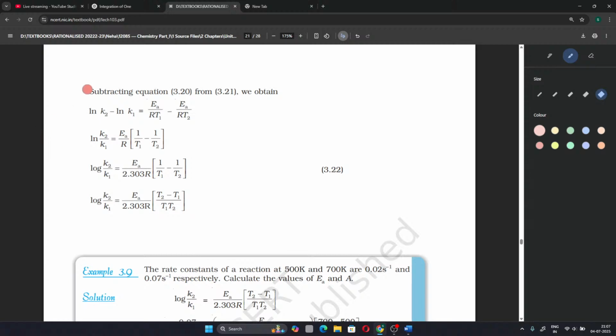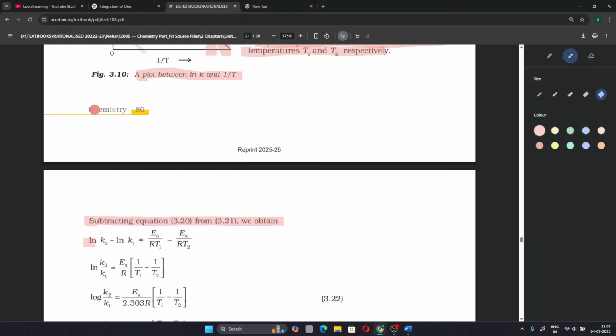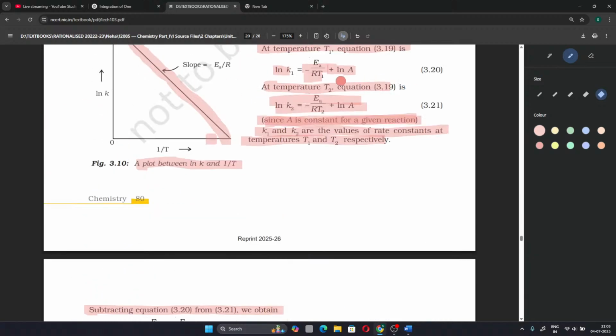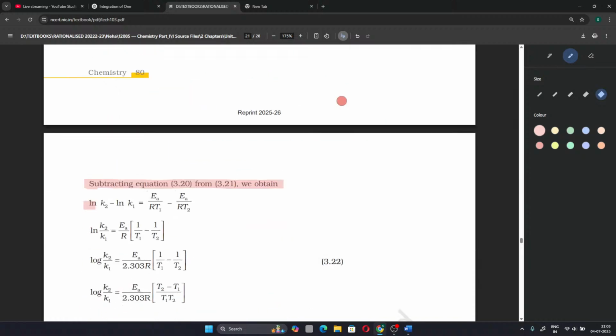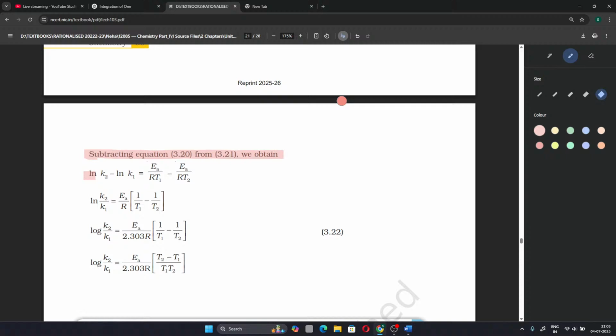Subtracting 3.20 from 3.21, we obtain ln K2 minus ln K1 equals EA by RT1 minus EA by RT2.